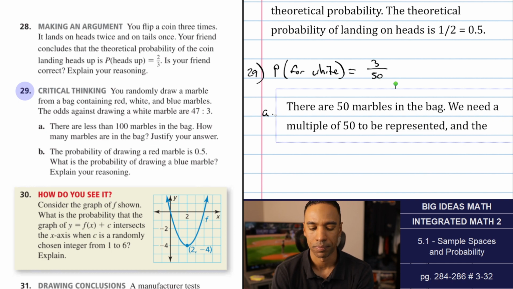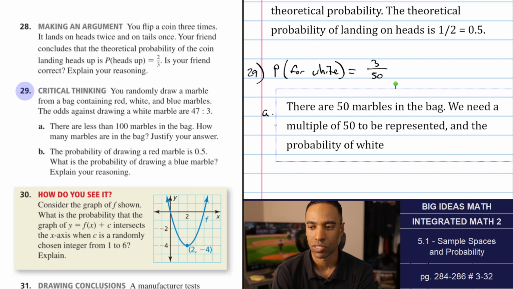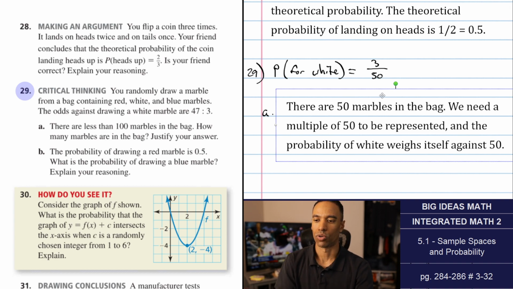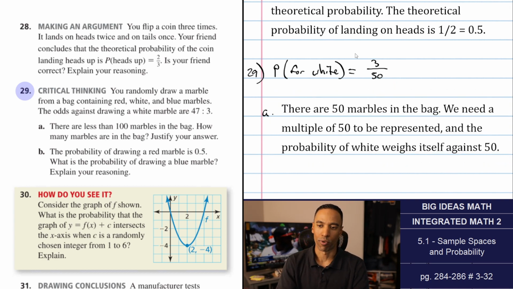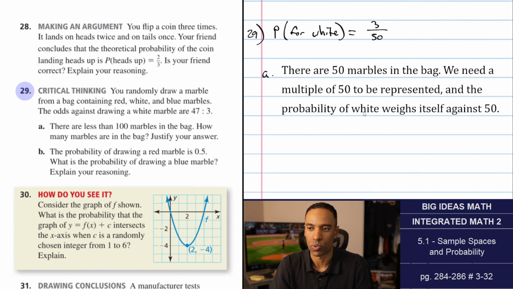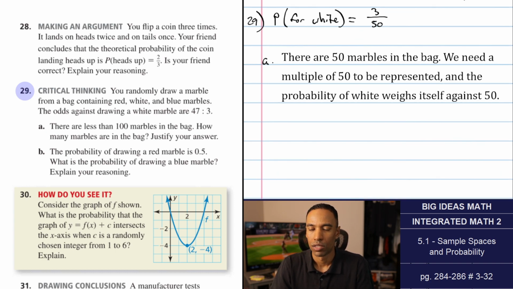The probability of white weighs itself against 50 in total. That's because the odds, the 47-3 against white, also means 3-47 for white. That means a total of 50.